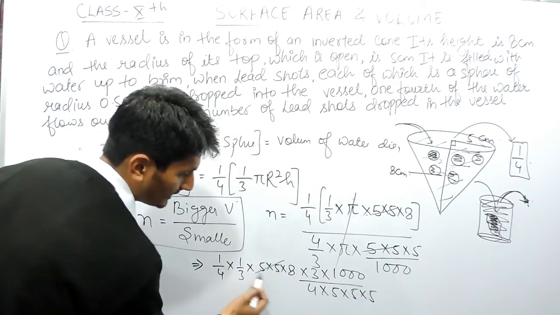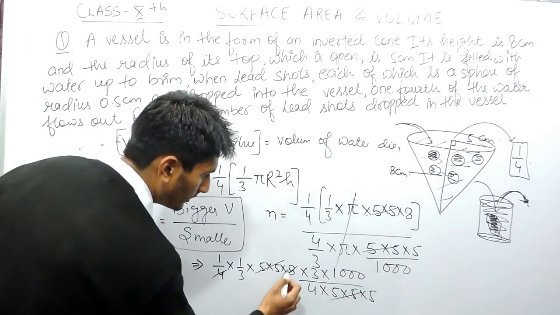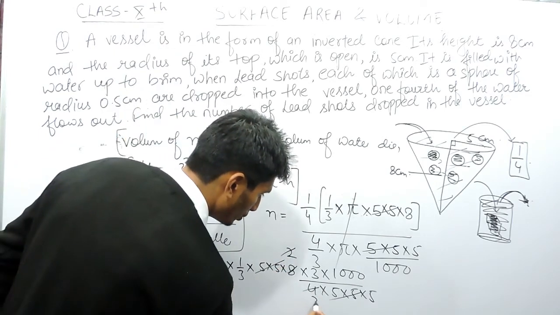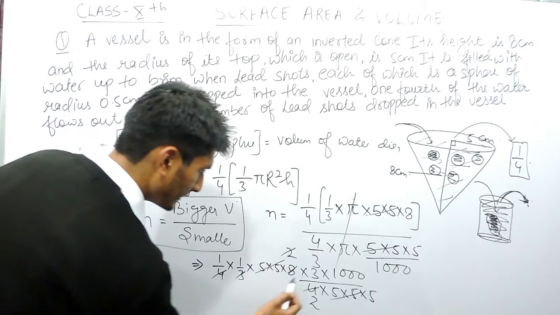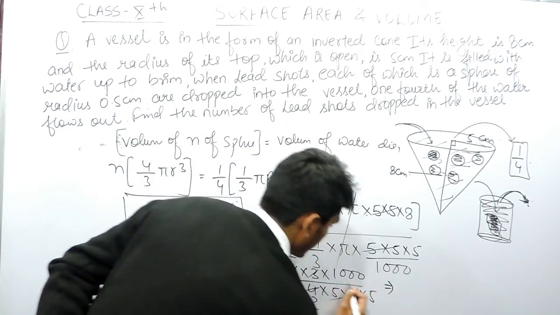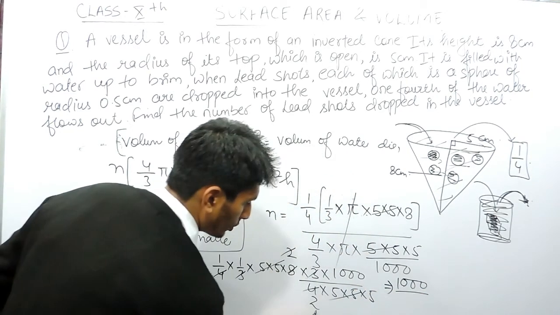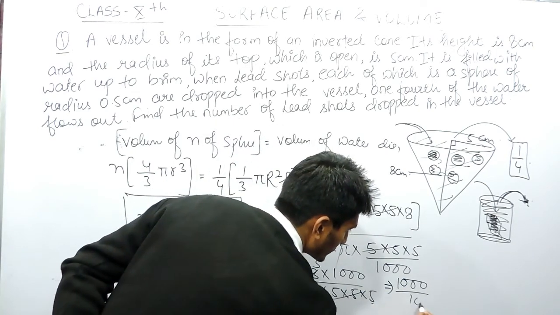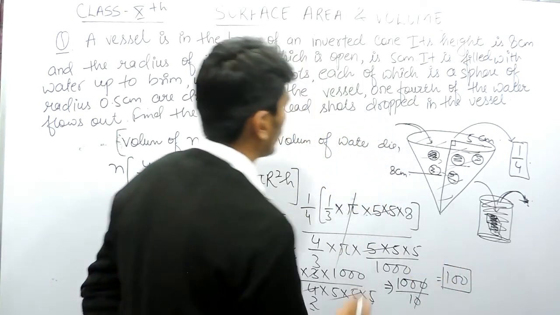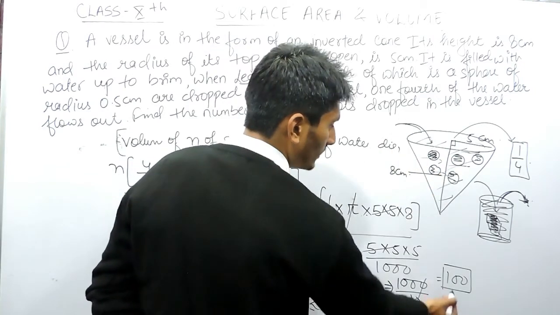That is why I am cancelling these 5s with these 5s. Now this 4 can be cancelled 2 times, 2 can be cancelled 2 times, and this 3 can be cancelled with this 3. This will become 1000 upon, in the denominator only 2 and 5 are there, so 5 into 2 is 10. So when this is cancelled out, the number of small spheres, or you can say the small lead shot which are inside this cone, is 100.